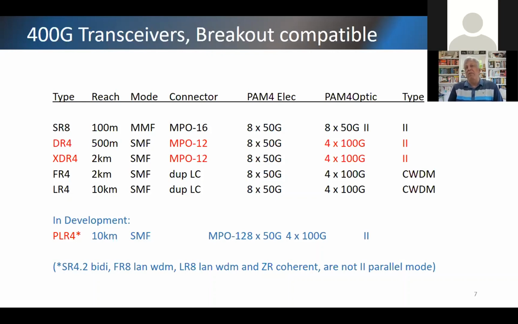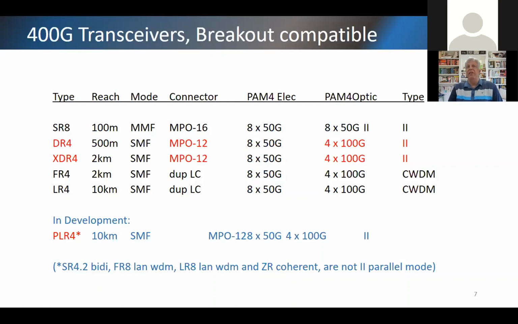The same with the LR4, which is a 10 kilometer reach, still single mode fiber, but we're using coarse wavelength division multiplexing, taking 4 signals, muxing them into 1 signal and sending them down a line, and then demuxing them on the other end of the line, just like the FR4, which once again will not be compatible with our breakout applications.